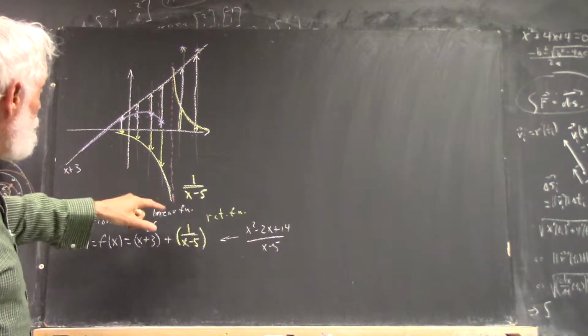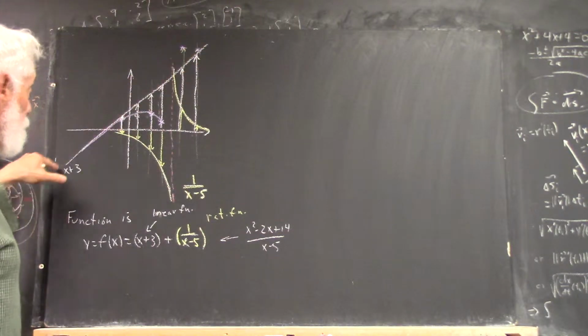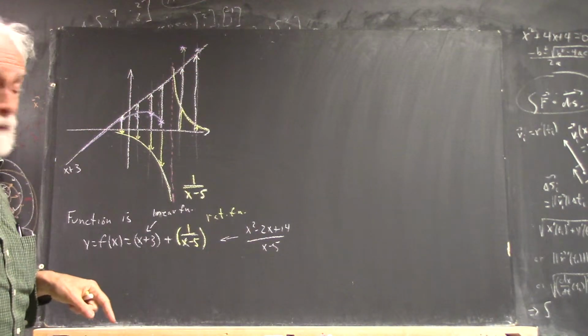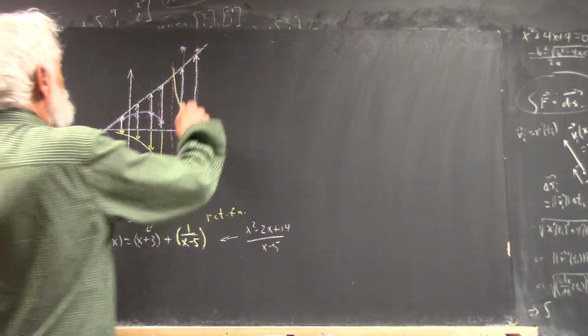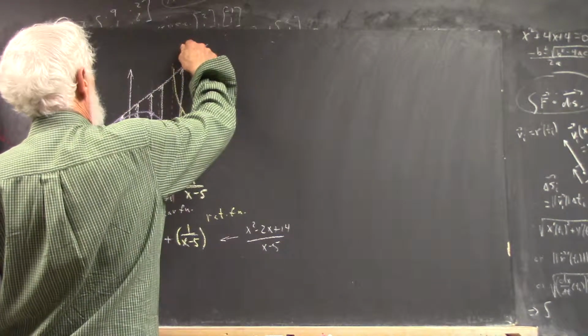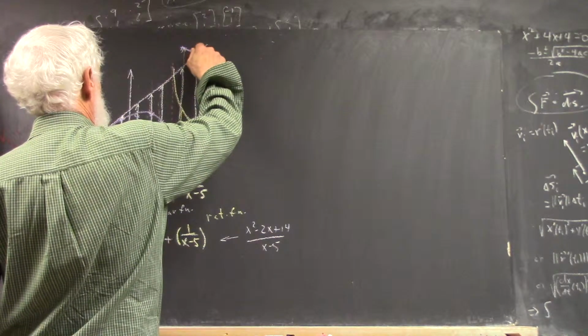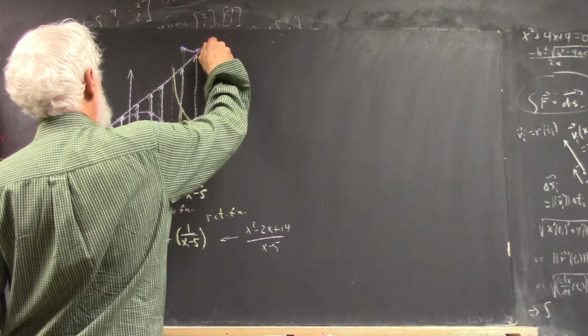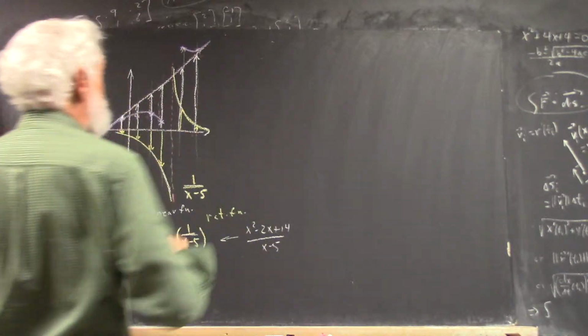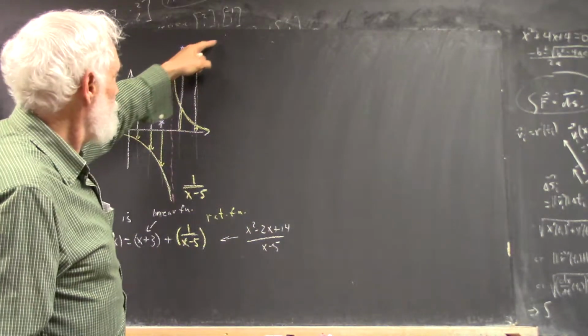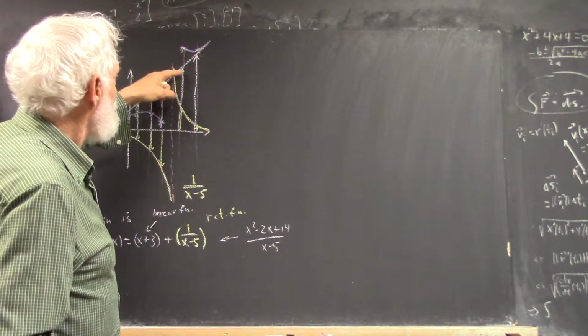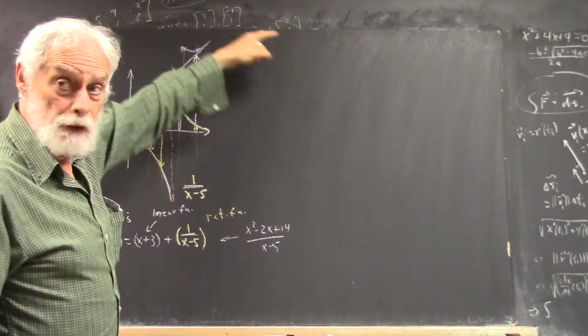Which means that we're adding less and less to whatever the value of this function is. On this side, from here to here, we decrease, but pretty quick we're going to have to turn around and start increasing, because we're going to have to be very close to the graph of the linear function here.